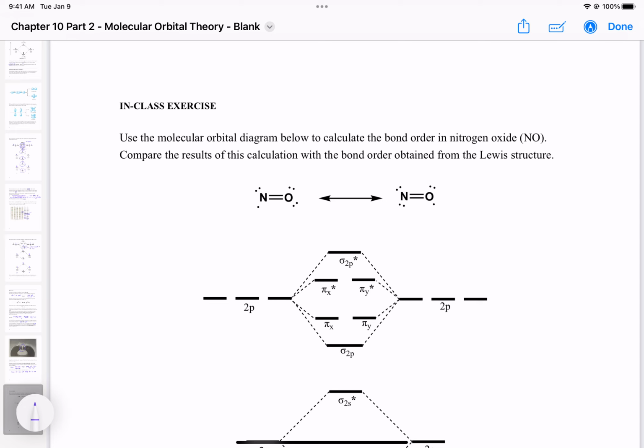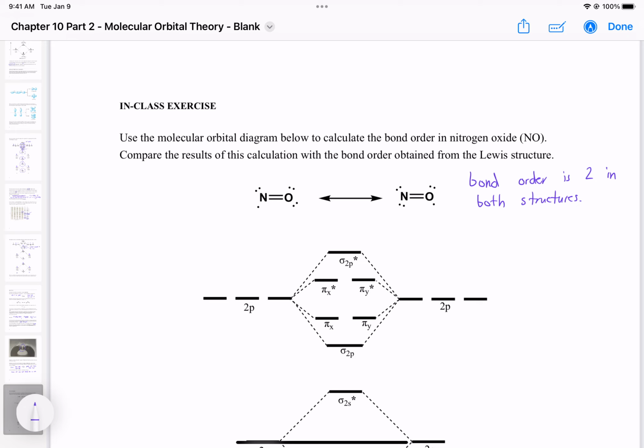Okay, so first let's calculate the bond order. If we look at both of these structures, they both have a double bond, so the bond order is 2. So it's both 2.